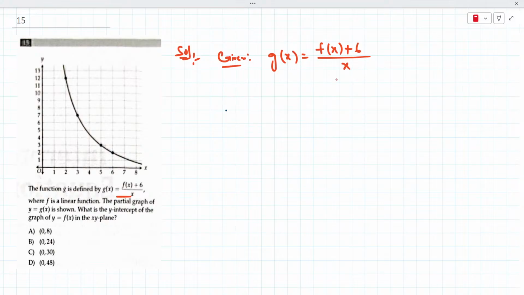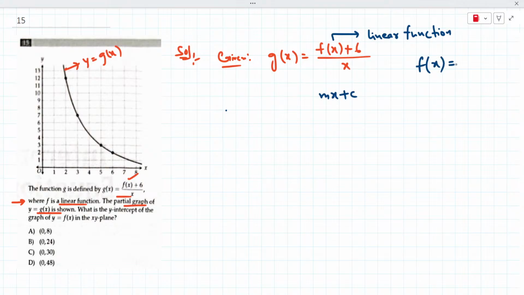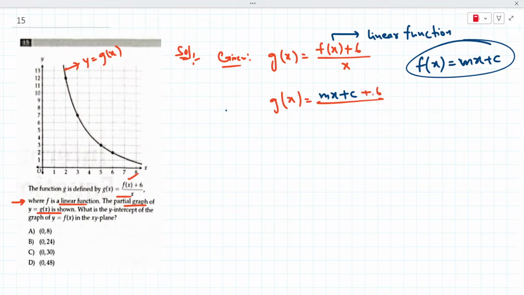They also say f is a linear function, and the partial graph of y equals g of x is shown. What does linear function mean? Linear function means f of x equals mx plus c. So I'm writing g of x equals mx plus c plus 6 by x.